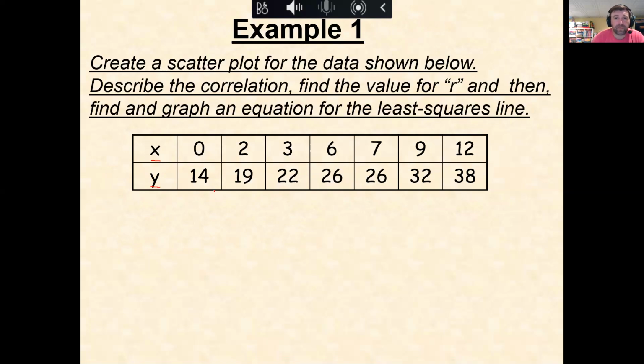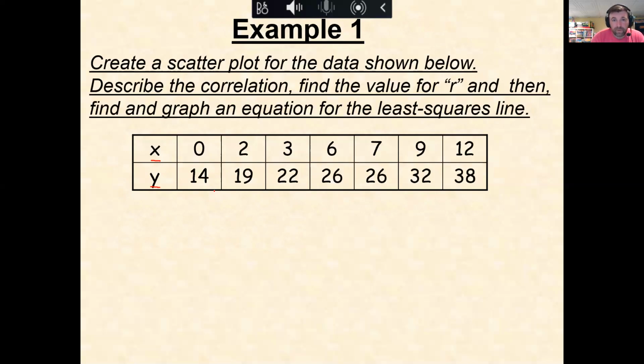If you've already watched the how-to StatCrunch video that I posted under this week's class, I would pause it and try to do it on your own. If you have not watched that video yet, I would also pause this video and go watch the other one at this time. That way you could practice this problem on StatCrunch. Okay, so I'm going to just wait a second here.